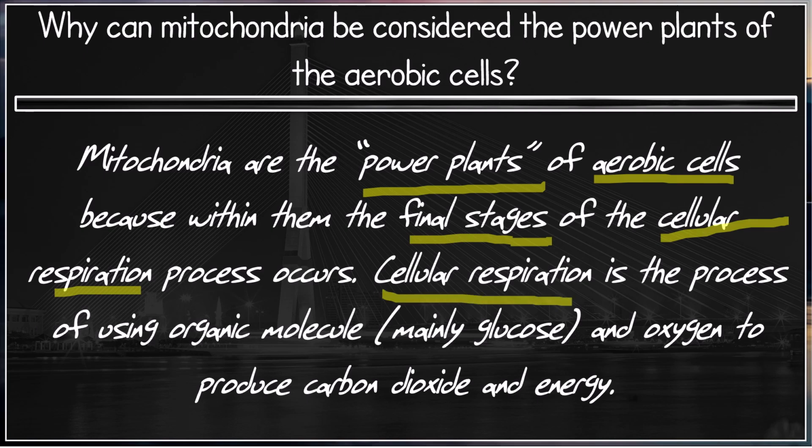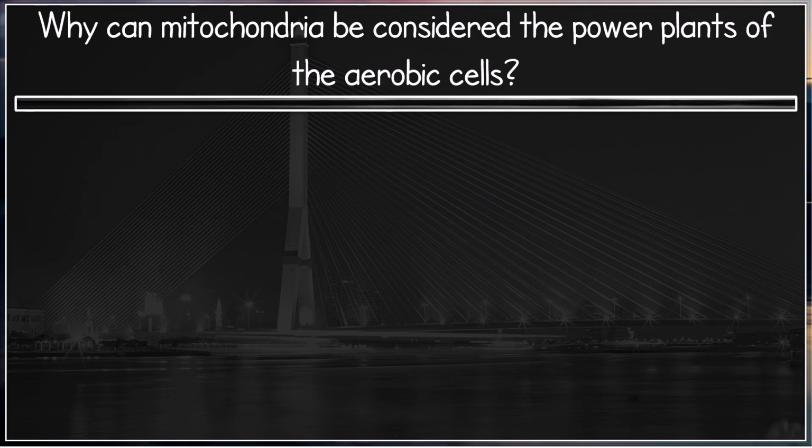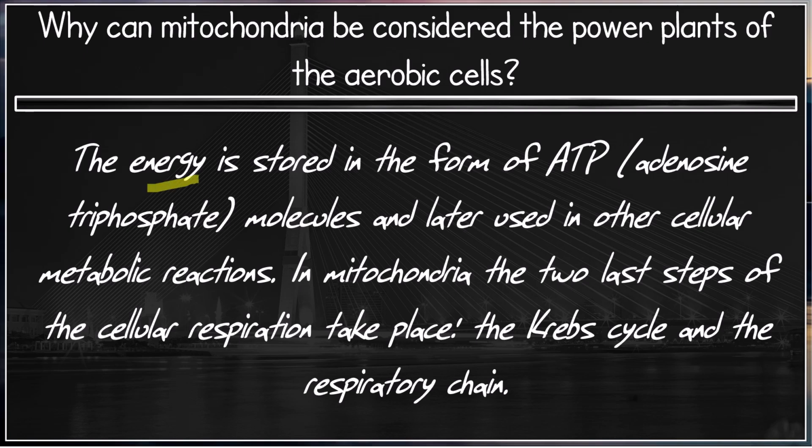Cellular respiration is the process of using organic molecules, mainly glucose, and oxygen to produce carbon dioxide and energy. The energy is stored in the form of ATP, adenosine triphosphate molecules, and later used in other cellular metabolic reactions.